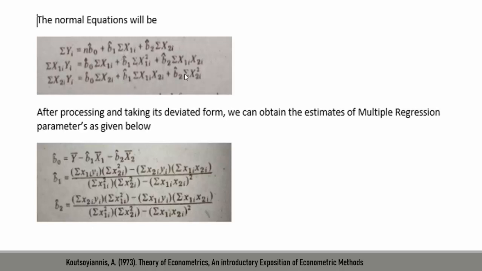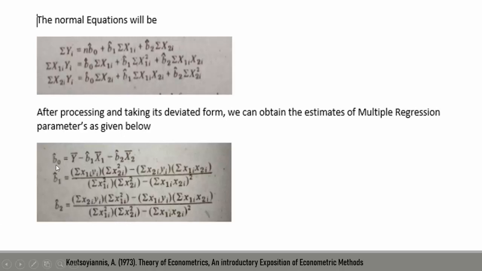So we process these equations and use the deviated form. After taking the normal equations through the deviated form and solving them, we can get the parameter estimates given in these three formulas.